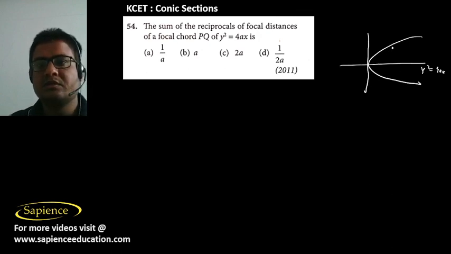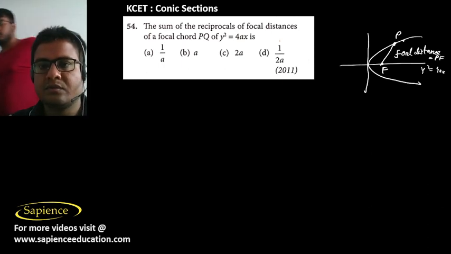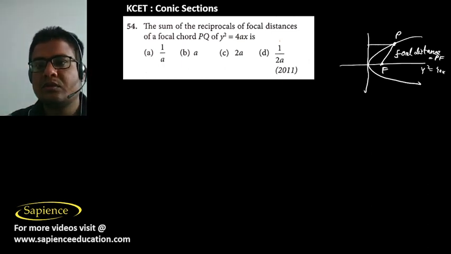So it means the distance of any point from the focus is called the focal distance. The focal distance of any point from the focus is called the focal distance, so PF. So that is also equal to the distance from the directrix, whose equation is x equal to minus a.